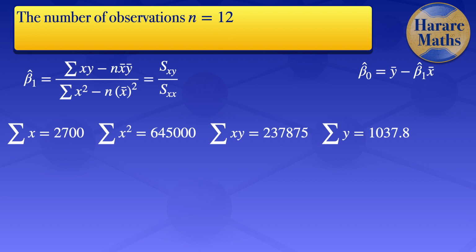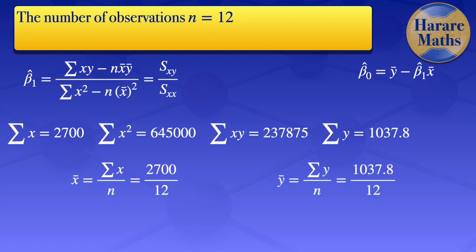X bar is the summation of x divided by n, so in this case it will be 2,700 divided by 12. Our y bar is the summation of y divided by n, which gives us 1037.8 divided by 12. We now go on and write our sxy. Our sxy is the summation of xy minus n times x bar times y bar.